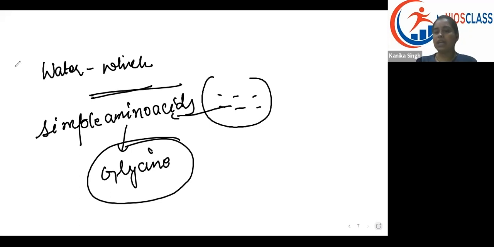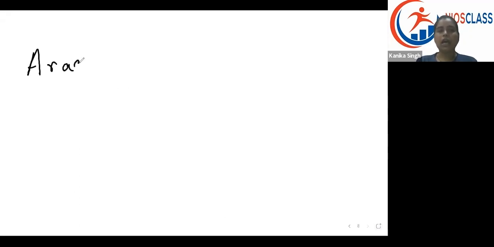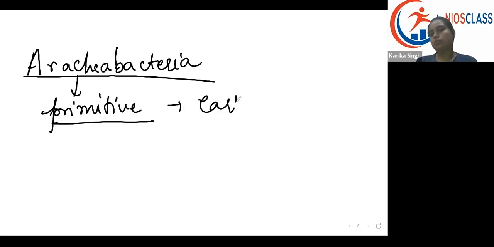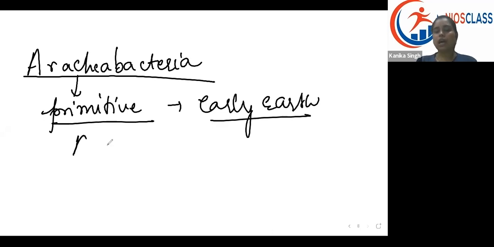a group of bacteria, basically archaebacteria or archaea. Archae means primitive. So the primitive type of bacteria was there on the early Earth. This group is known as archaea.